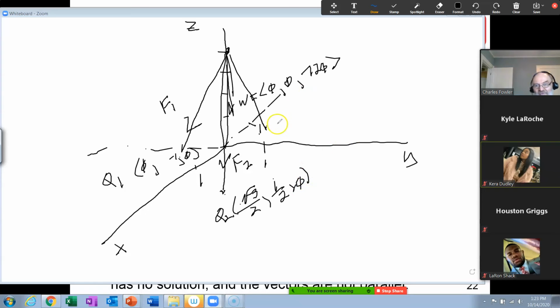And this point over here is negative √3 over 2, 1/2 in the y direction, and 0 in the z direction.